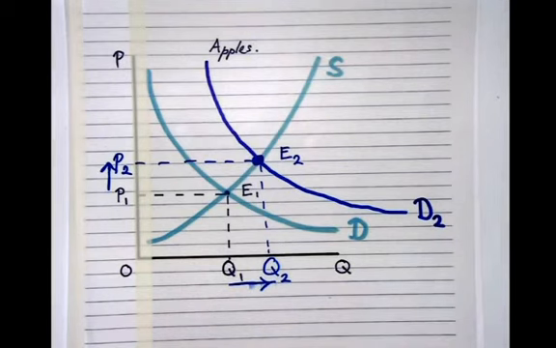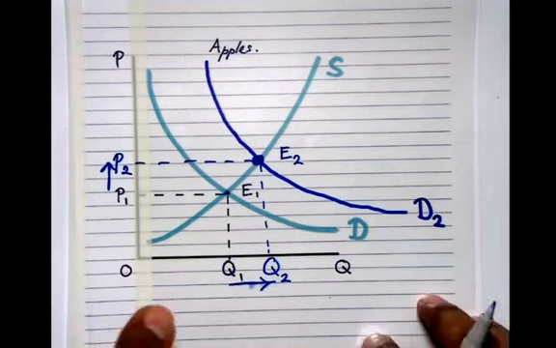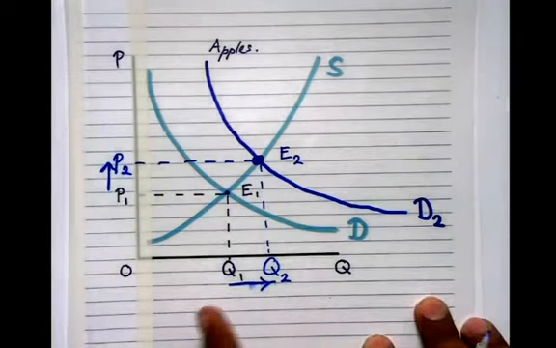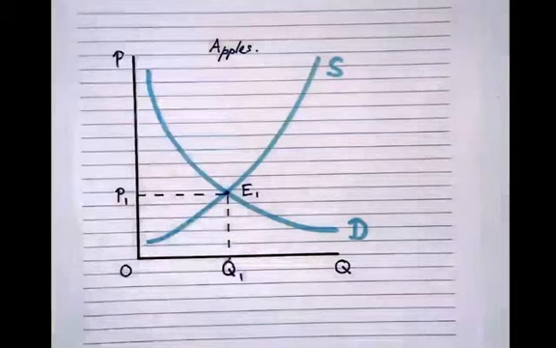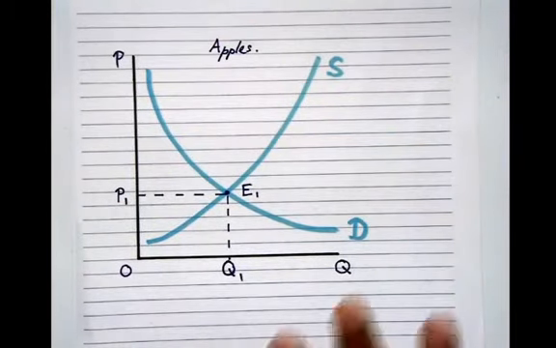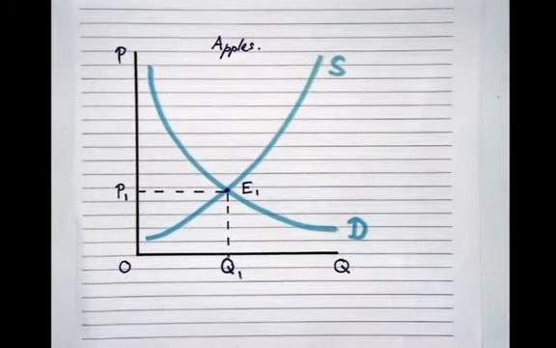Is that okay? The reason I'm asking you to go by this step-by-step approach is that it may look very obvious to some of you, but what happens in exams, multiple choice questions especially, is students get tricked or confused. Some students approach it this way. The scenario was the quality of apples has gone up.